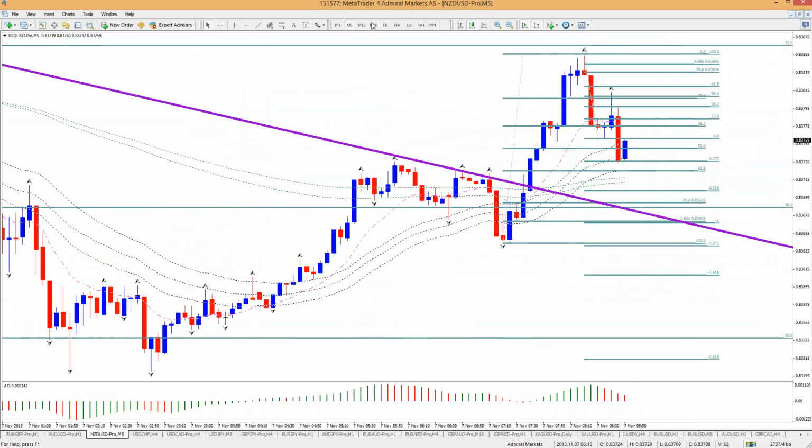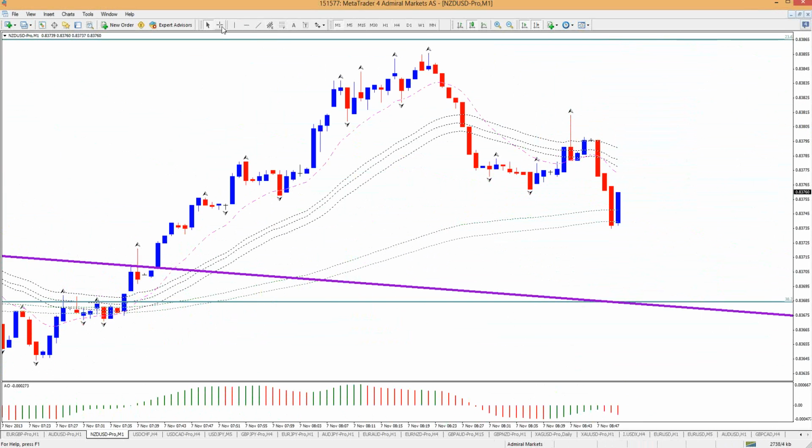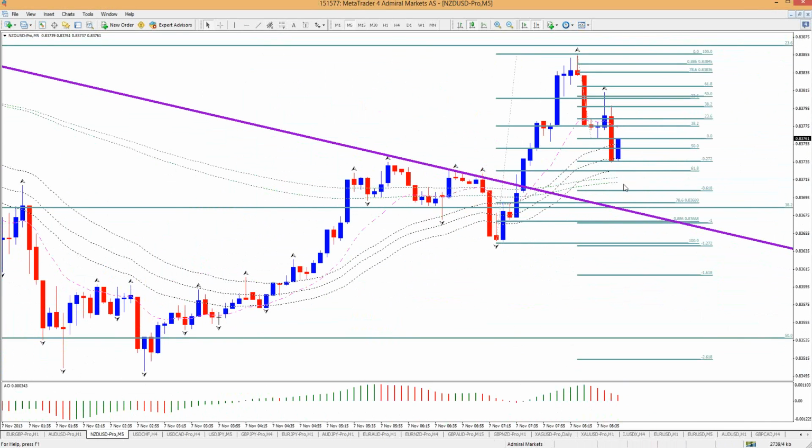Oh wow, that fell a lot indeed. So let's see. I would want a few of these candles, at least two. Otherwise, this could still be retraced for more downside.